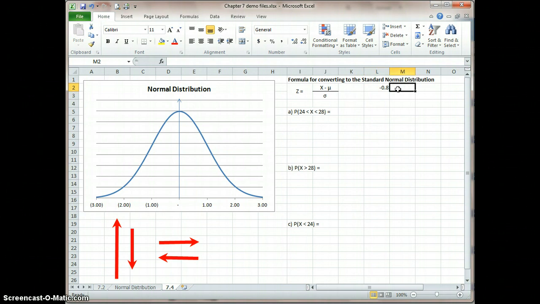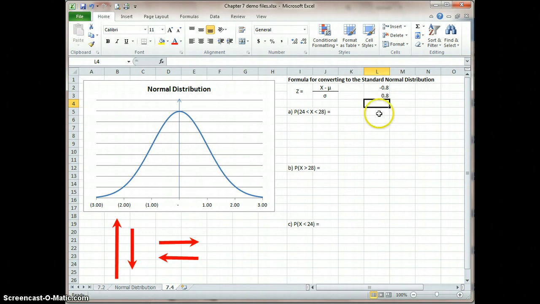For the 28, it's the same thing: 28 minus 26, which is the mean, divided by 2.5, which gives a positive 0.8 on the z-score.